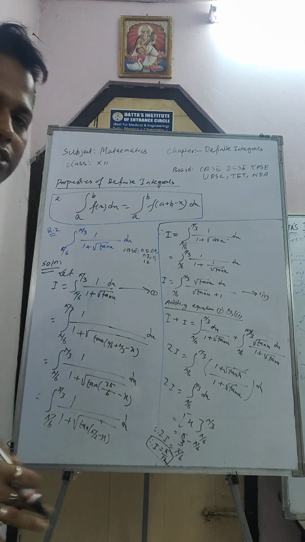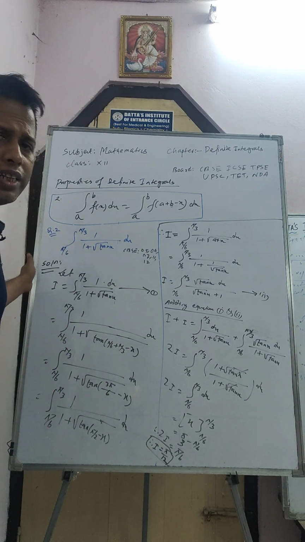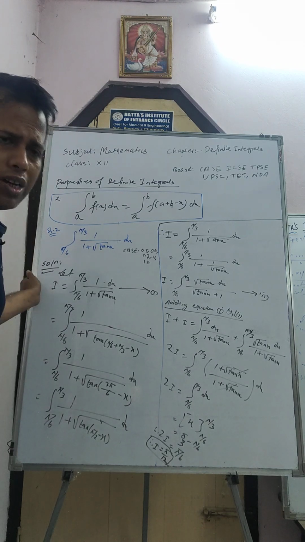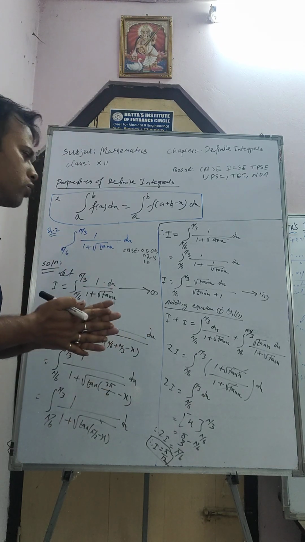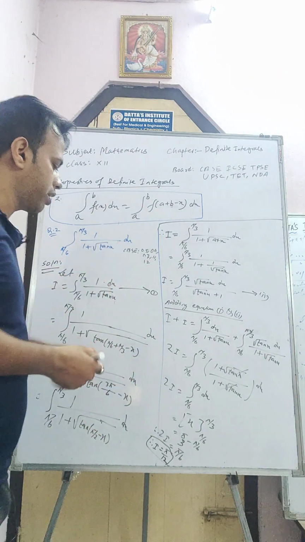That is 5 times, this question came 5 times. Okay, so it's so simple. Just use the formula and add equation 2, and after simplification the answer will come out.